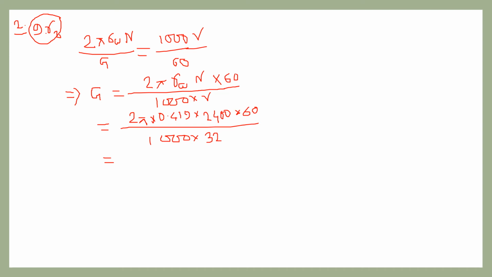So from this equation we get the value of G: 2 pi into 0.419 into 2400 into 60 divided by 1000 into 32, that is 11.85.